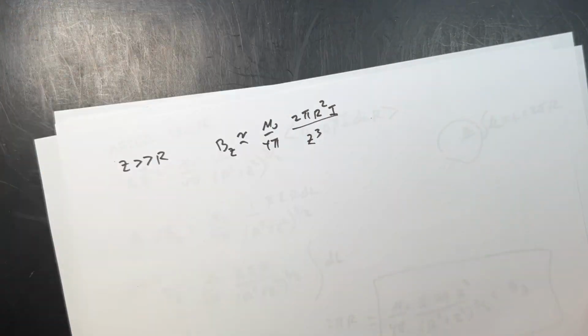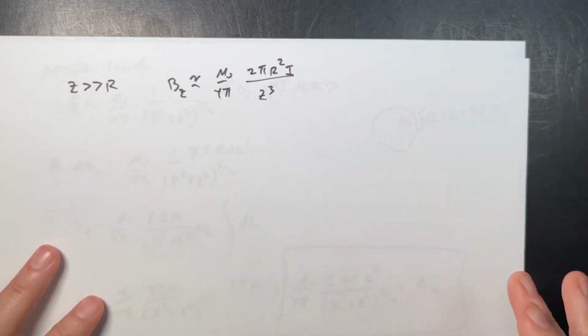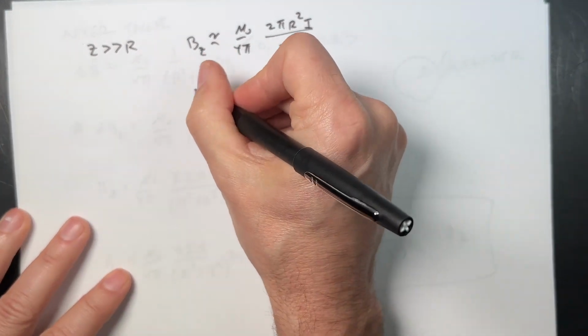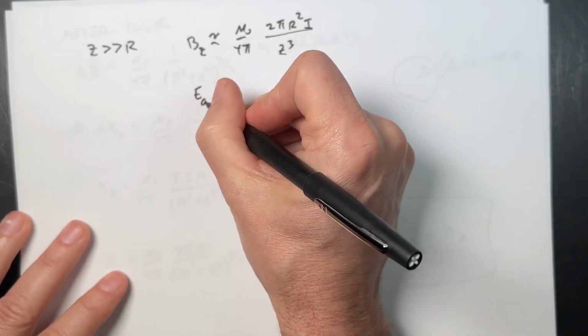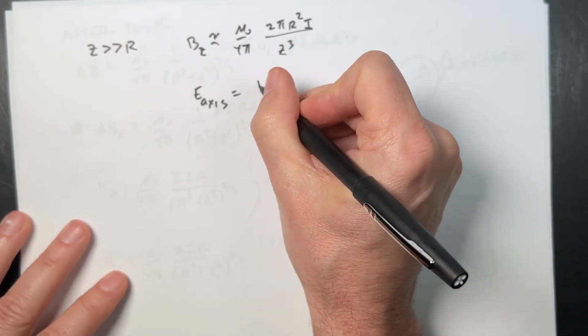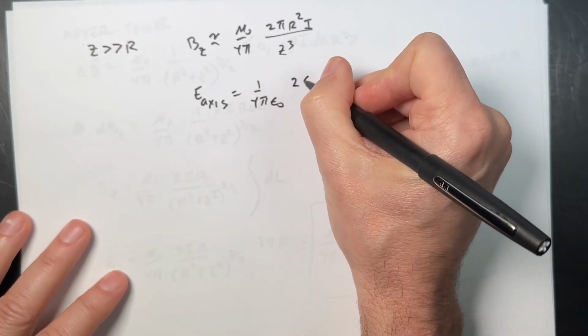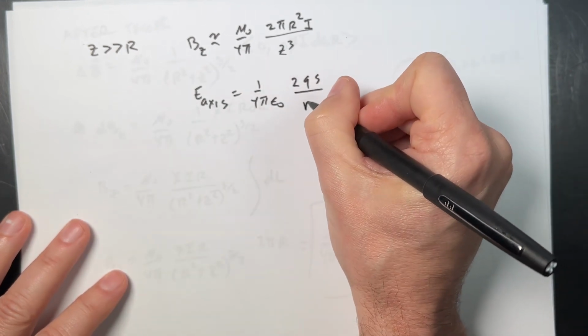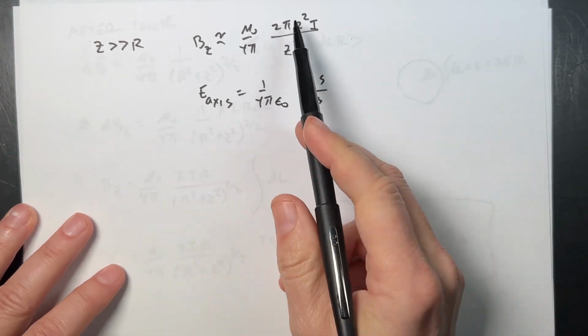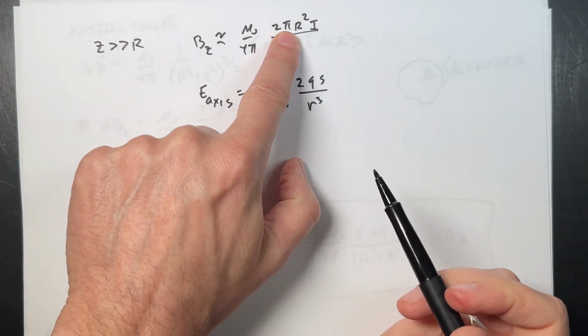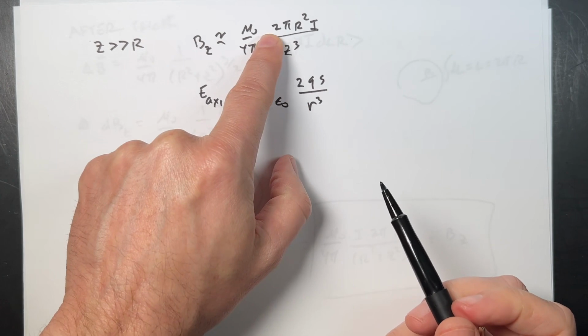And this looks like, if you remember, the electric field due to a dipole, E on the axis, was 1 over 4 pi epsilon naught, 2qs over r cubed. This looks the same thing, right? We have a constant over r cubed. We even get the 2 there.